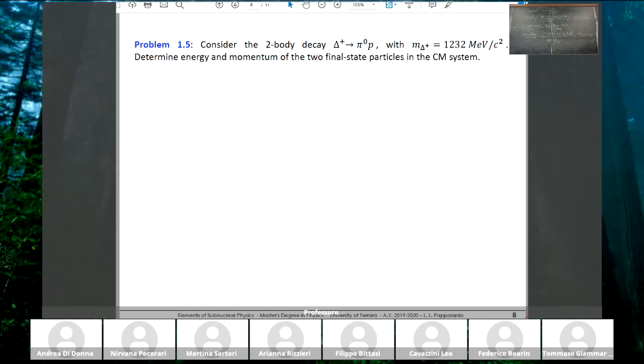Now, what the text actually wants is not only the energy but also the momentum. And of course, in the center of mass, the modulus of the momentum is the same for the two. They are just opposite in direction.